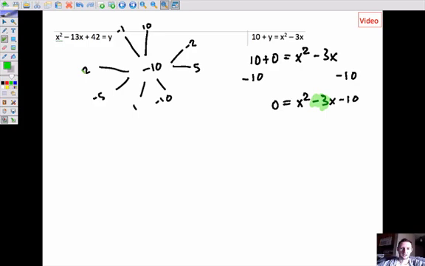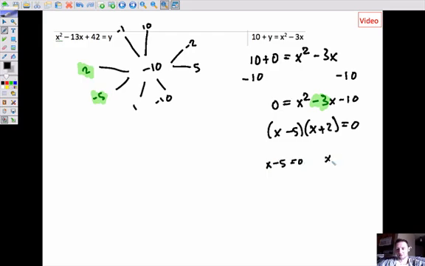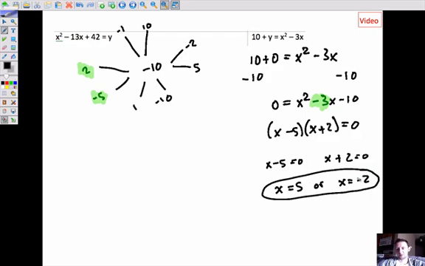And that's going to be a positive 2 with a negative 5. So my factored form is x minus 5, x plus 2 equals 0. Then using zero product property, x minus 5 equals 0. X equals 5, x equals negative 2, and there's my answer.